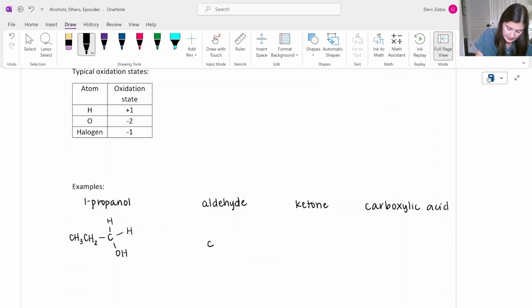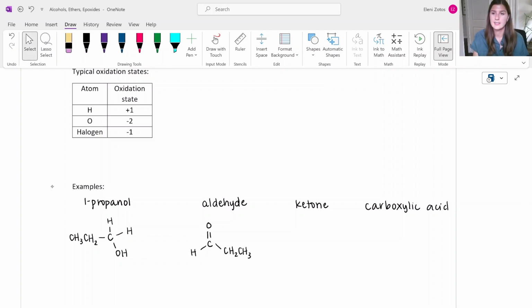An aldehyde is where we have a carbonyl. The carbon is bonded to a hydrogen and then a carbon chain. In this case, we'll do an ethyl group. The carbon chain could also be a hydrogen, and that would still be considered an aldehyde. That is actually formaldehyde.